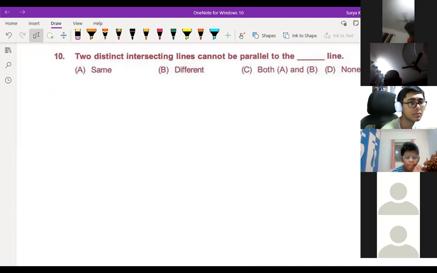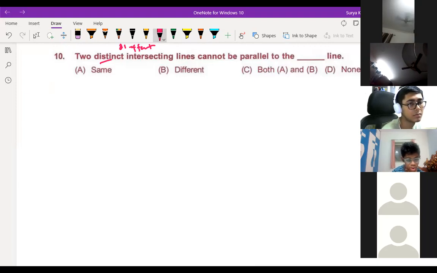Distinct means different, right? Yes, sir. Then it will be A, sir. Same. So two distinct intersecting lines cannot be parallel to the same line.